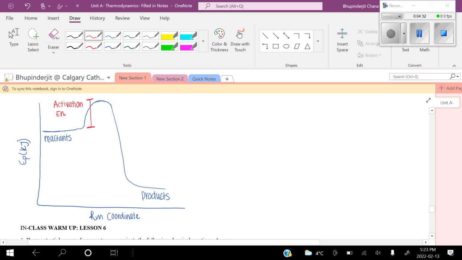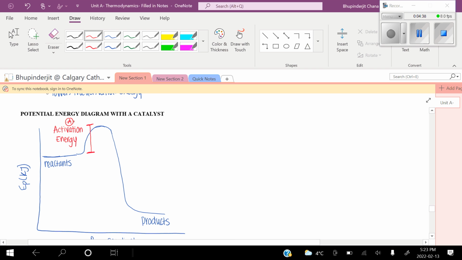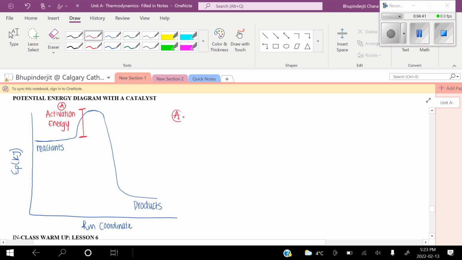I'm just going to label this A. To calculate this, you would take the top, the activation energy, and you would subtract the energy of the reactants.